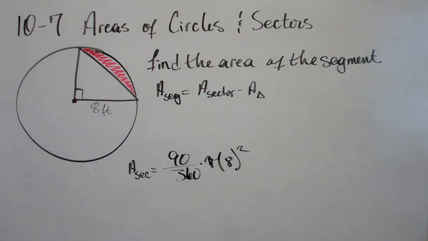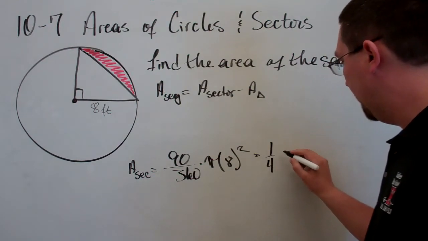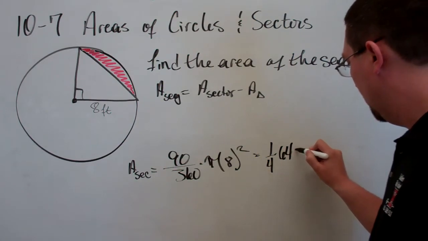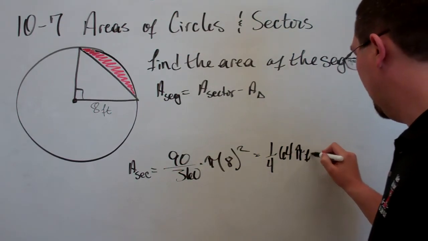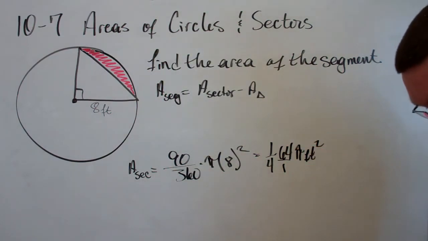So, simply do the math. 90 divided by 360, what is that? Well, that's 1/4. So we have 1/4 times 8 times 8 is 64, and then pi feet squared. So it's basically just 64 divided by 4.